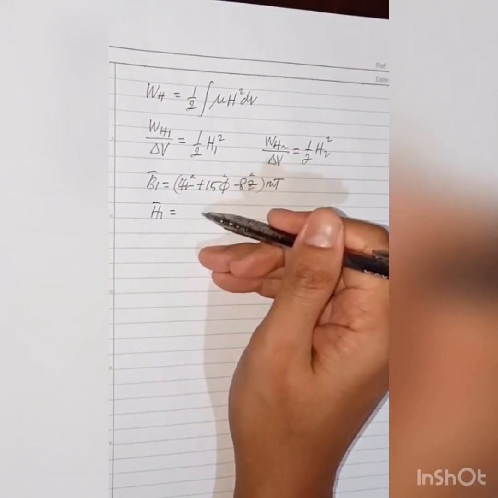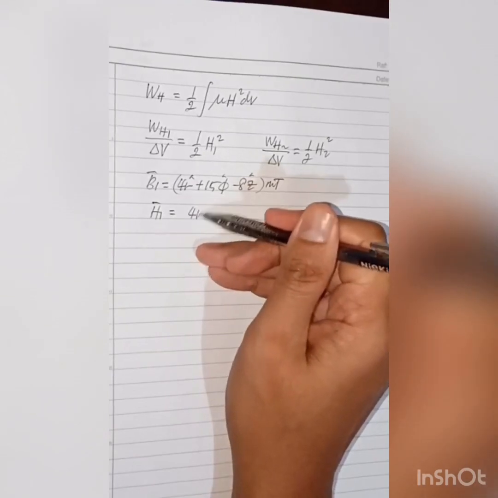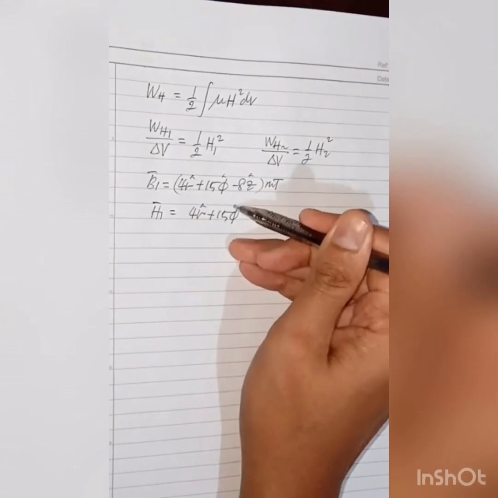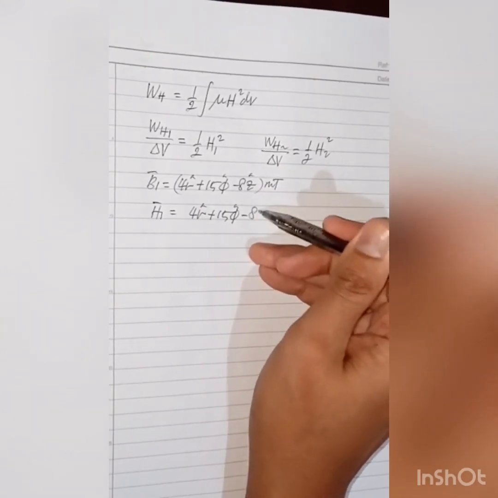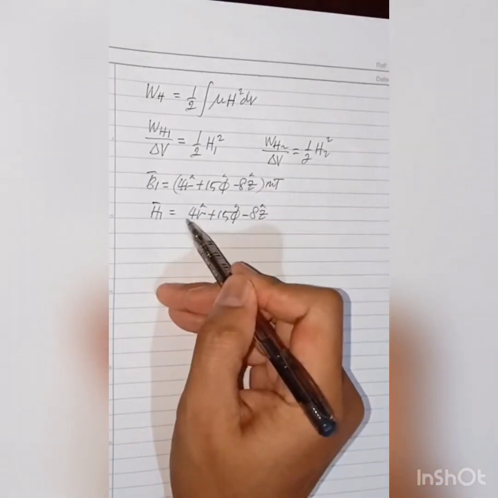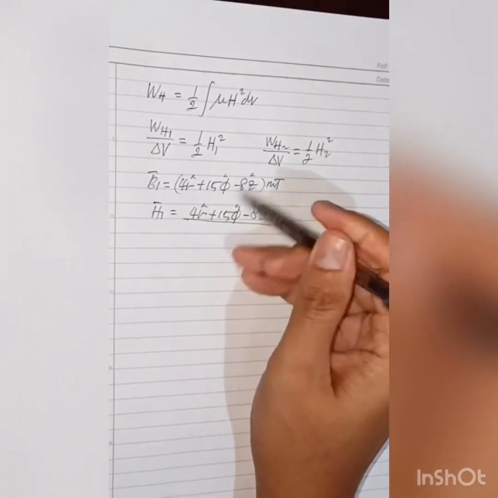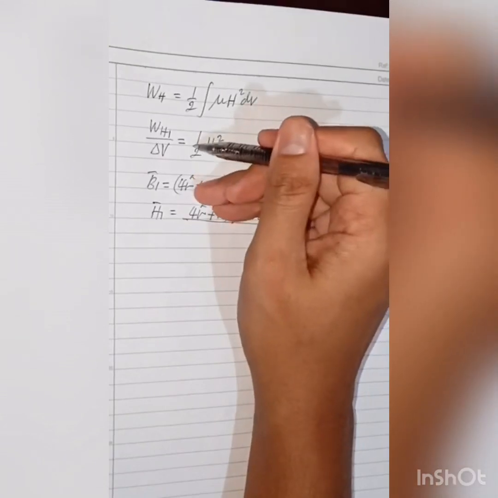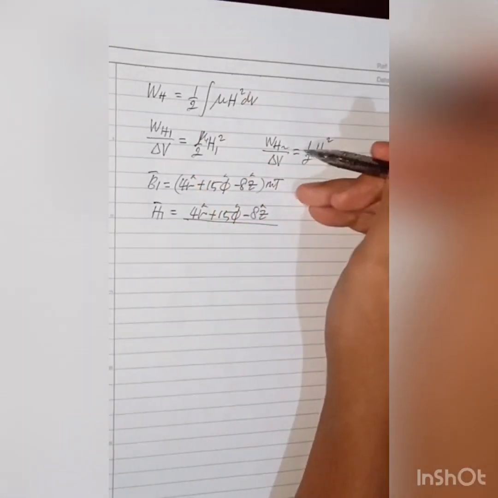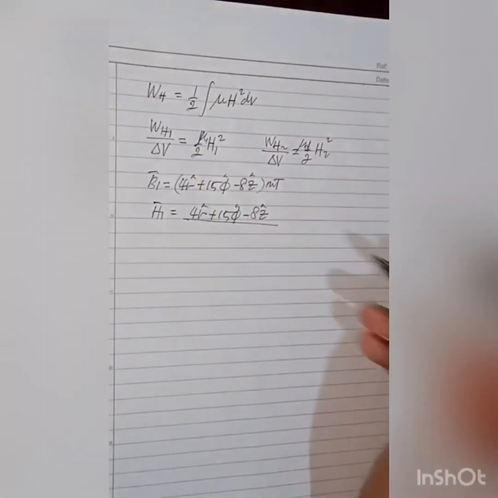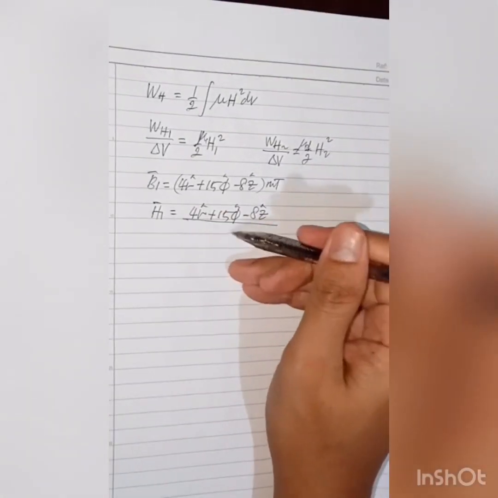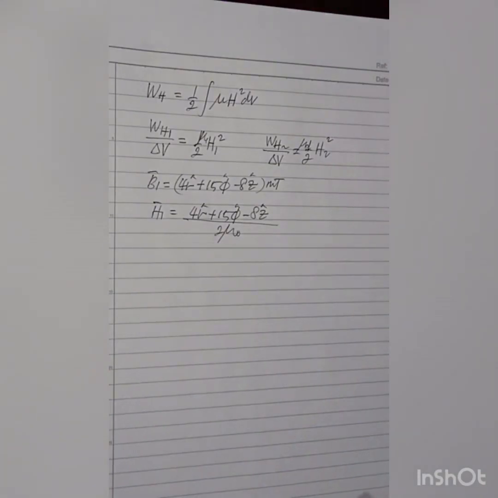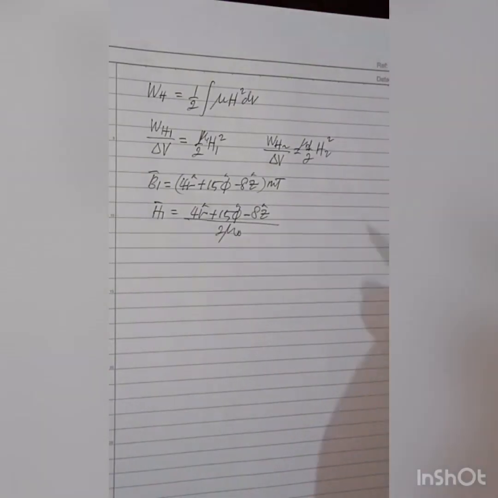So we can have here the 4R component plus 15 phi component minus 8Z component over mu1, and here we have mu1, here we have mu2. mu1 is equal to 2 mu naught. Okay guys, so that's our H1.